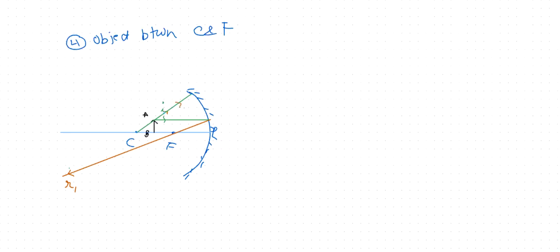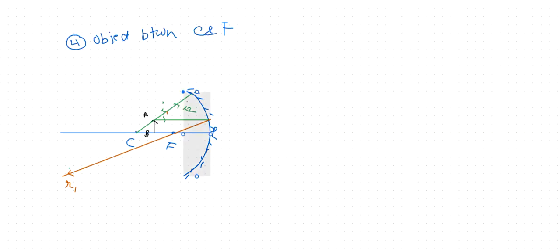I should use green color. I2. Now, remember what happens when an incident ray passes through the center of curvature? It gets reflected back on the same path. Okay, so let's do that. Let's make the ray get reflected through the same path.